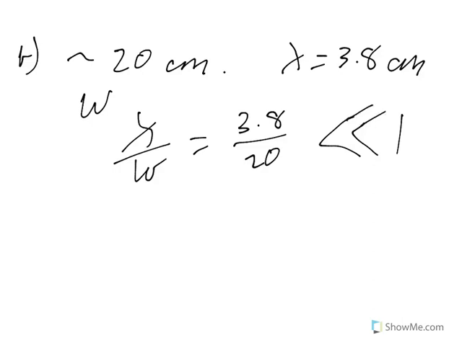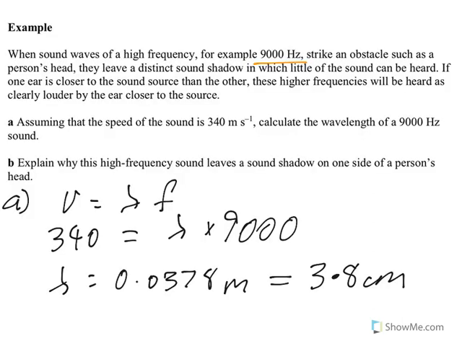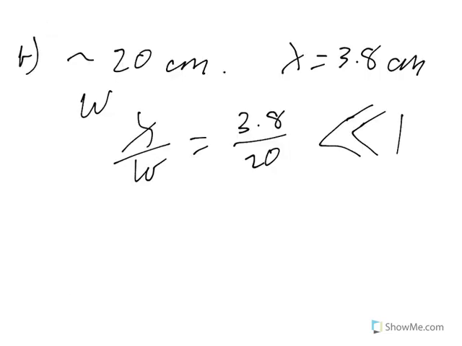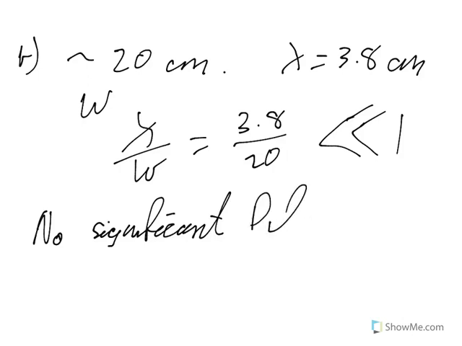Given that it's a lot less than 1, and from back here it was 1 or greater, now the ratio that we've got is a lot less than 1, so you're not going to have significant diffraction.